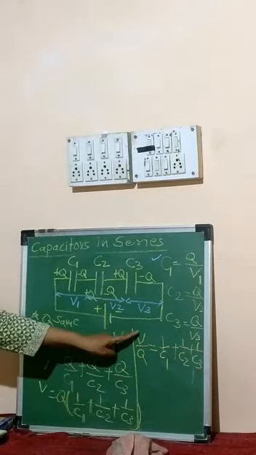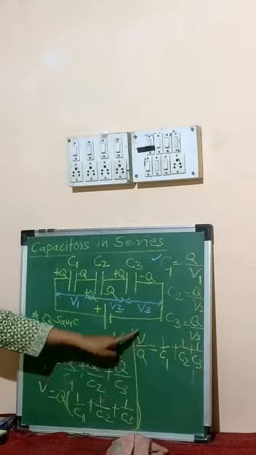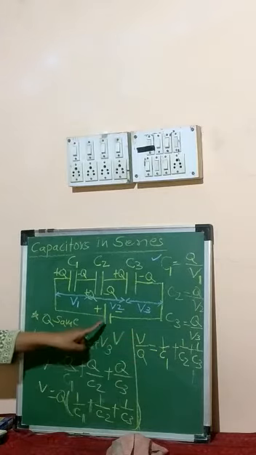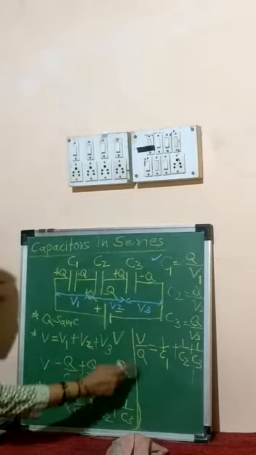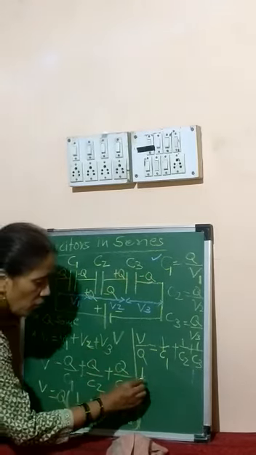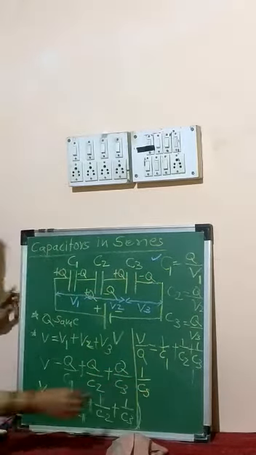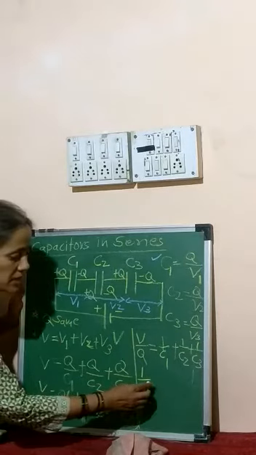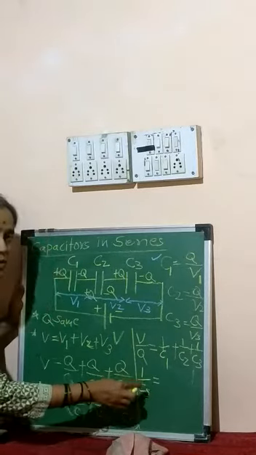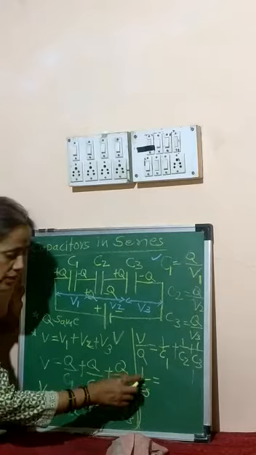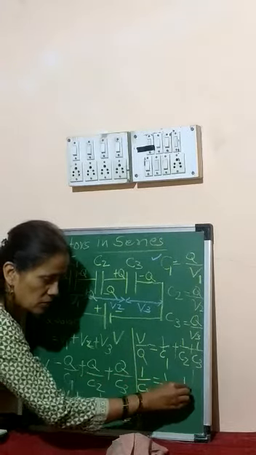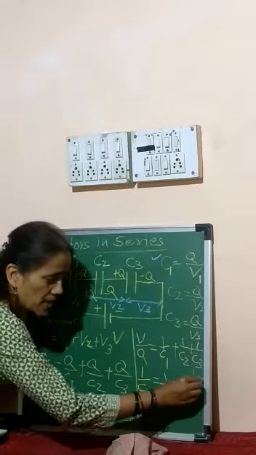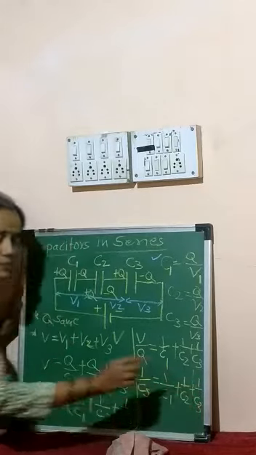Now for this V upon Q, V is the total potential and Q is the total charge deposited. This V upon Q I can write as 1 upon Cs, where Cs is nothing but the resultant capacitance of the series combination. So I write 1 upon Cs is equal to 1 upon C1 plus 1 upon C2 plus 1 upon C3.